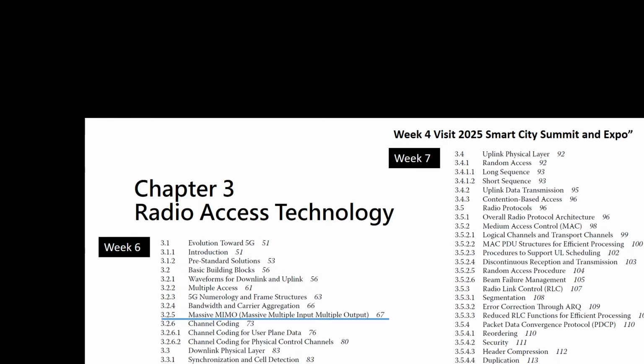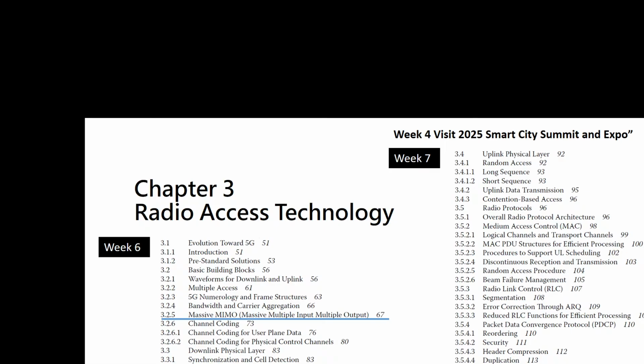Today we are going to explain the radio access technology. Last week we talked about the 5G frequency spectrum because we want to have a faster network. We need a wider bandwidth to accommodate more users, more devices, especially IoT devices.